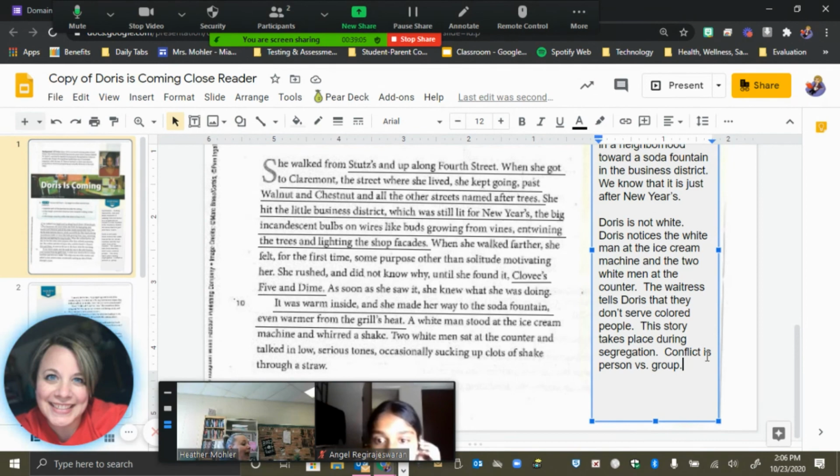So we've just done our first read with character, setting, and plot, right? We've done a lot of analysis. And have we supported our analysis with text evidence? How do you know that?